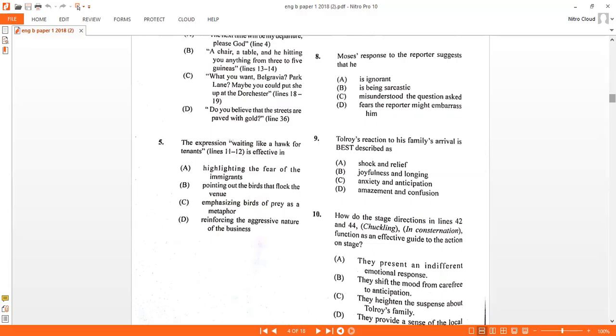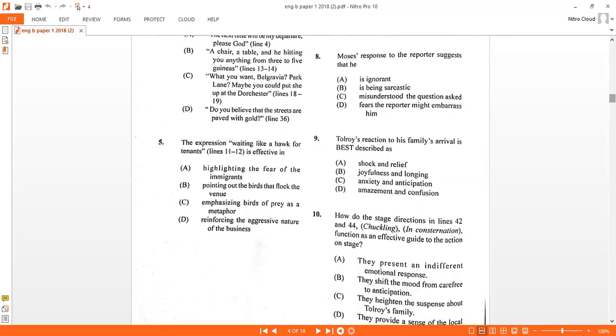Did we see that image that was being created? Now, the answer would not be A, because A says highlights the fear of the immigrants. The expression does not do that for us, or should not. Pointing out the birds that flock, B is out of it, definitely so. Process of elimination, that's out as well. Emphasizing birds of prey as a metaphor, that is also not the answer, because remember, we're talking about whether the expression was effective.